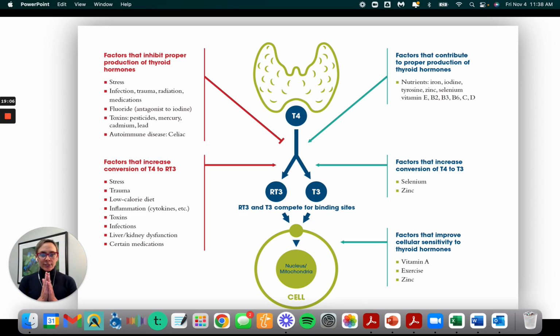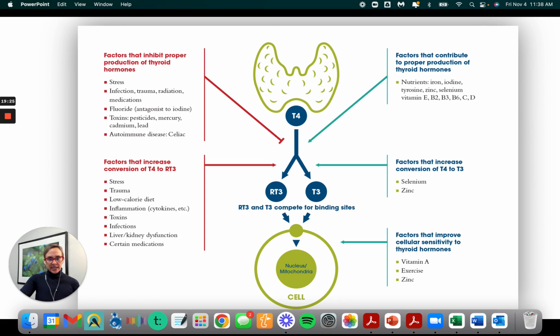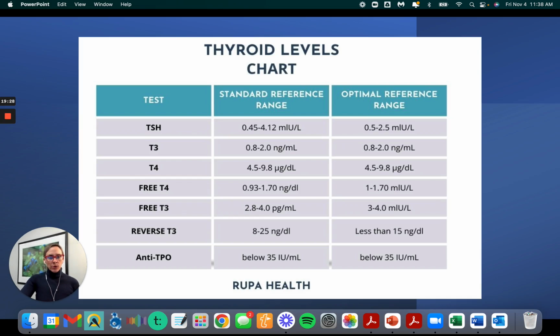So what this tells us is you have agency to support your body, working on lowering these factors in the red and increasing these factors in the blue to help your thyroid function. Okay, so just again wanted to show you the lab values again after seeing this. These are the things we're able to test.